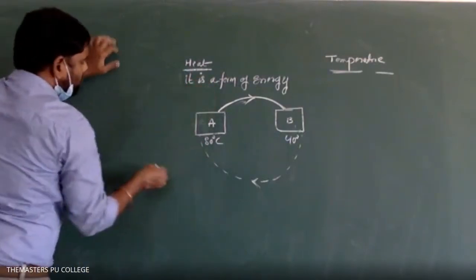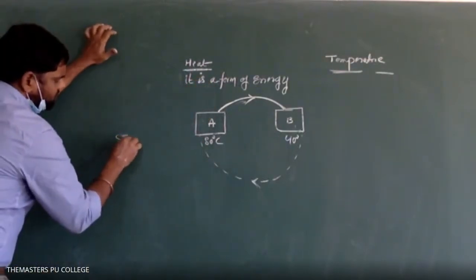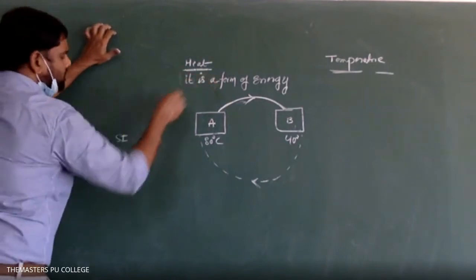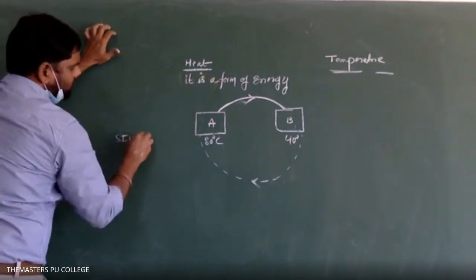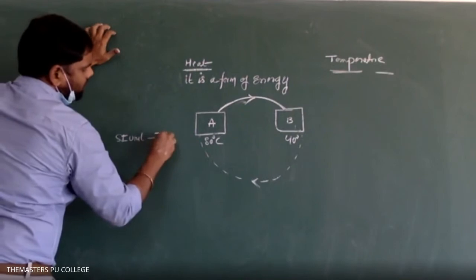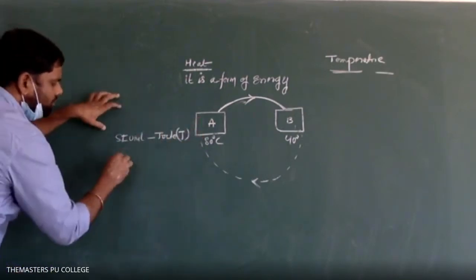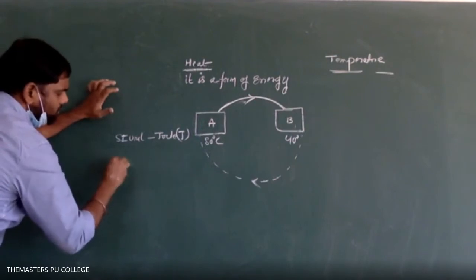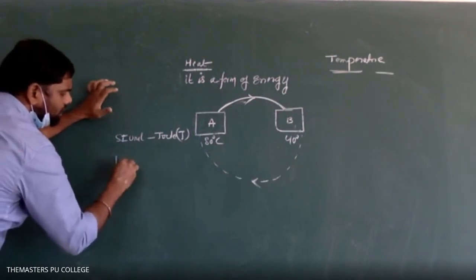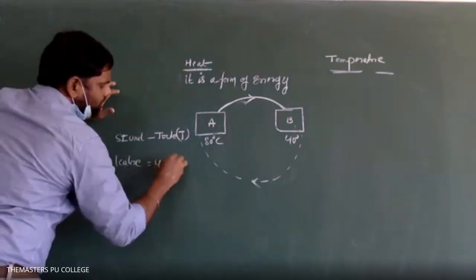What is the SI unit of heat? As we said, heat is a form of energy, so the SI unit of heat is the joule. Heat can also be measured in calories. 1 calorie is equal to 4.2 joules.